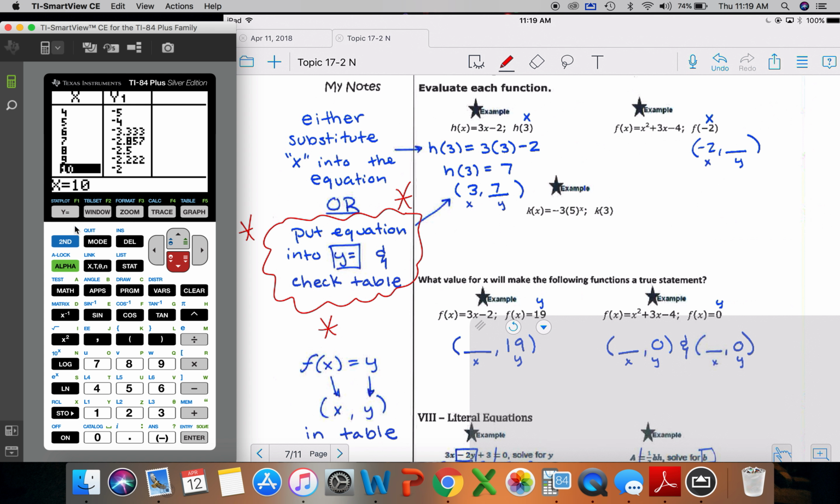So for the first example that's been done for you, I would put this entire function into y equals exactly like I see it, 3x minus 2. Remember, x always goes inside, so when they give you a 3 inside the parentheses, they're telling you x is 3. So I click second graph to check my table. When x is 3, y is 7, and that's the answer they're looking for.